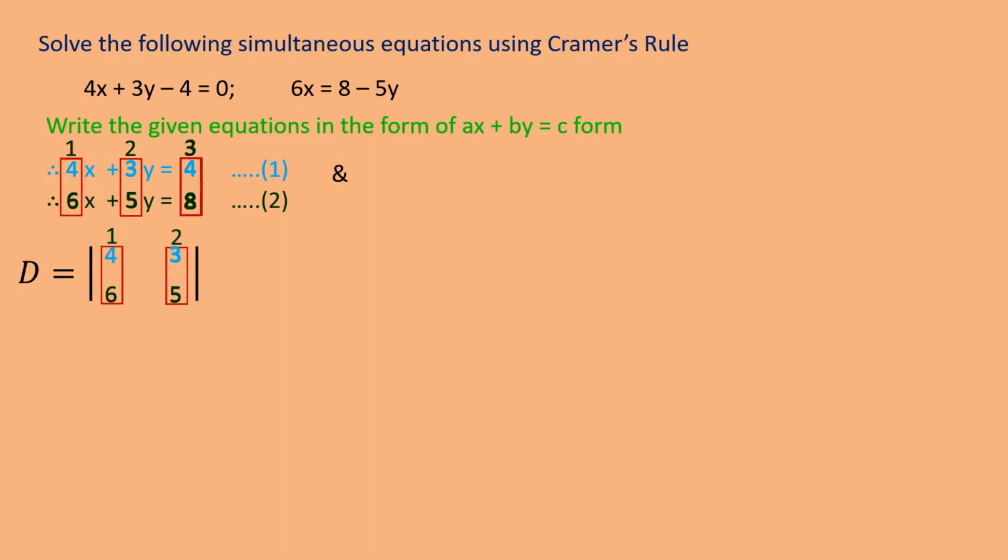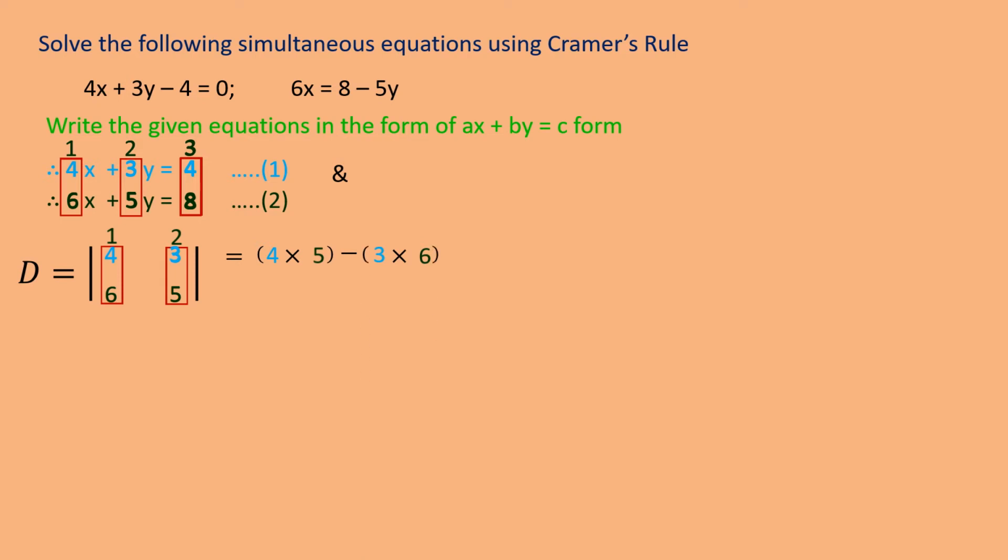Now to simplify this, as you know, we take the product of the left diagonal. When I talk about the left diagonal, it means 4 into 5. Clear? Minus the right diagonal, that is 6 and 3, so 6 and 3 will get multiplied.